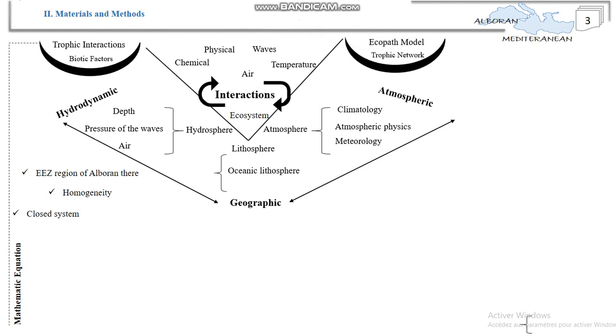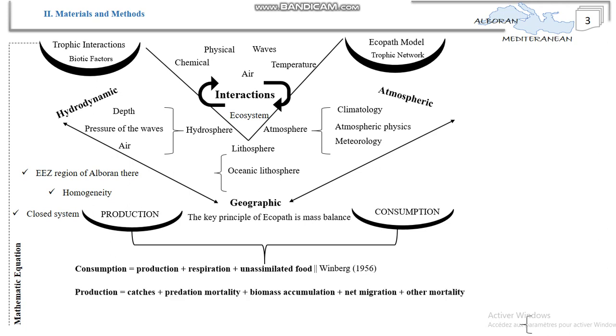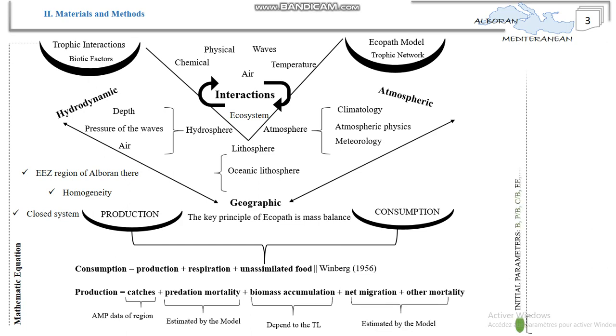We focused on the trophic interactions, which means the biotic factors, using the EcoPath model that consists of the mass balance, which means the closed system between production and consumption, so that what is produced in our ecosystem or in the surface area will be consumed by the same species.